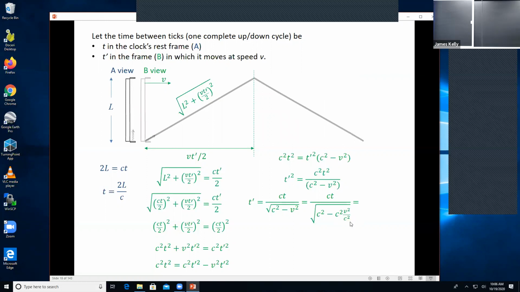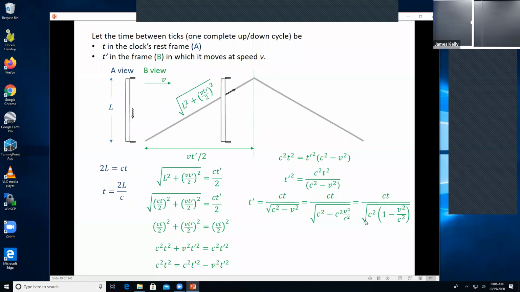If you multiply by a number and you divide by it, you haven't done anything to it, so there's no change in this case. The only reason I'm doing that is so I can get a common factor of c squared here. And so when I factor out that common factor of c squared, I would have c squared times 1 minus v squared over c squared. And that's what's shown here.